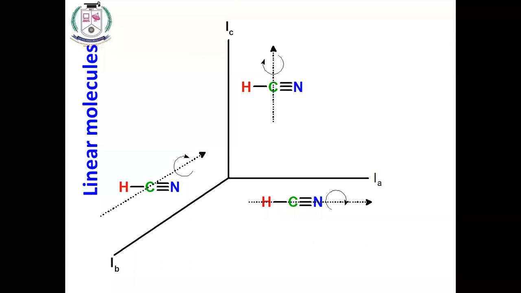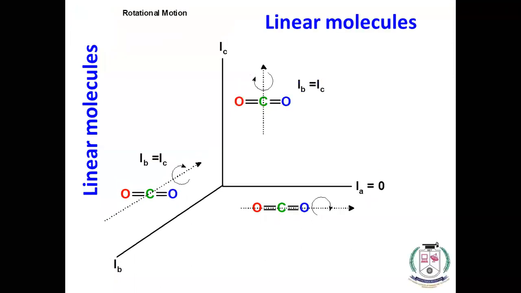This is a linear molecule. Hydrogen cyanide is a linear molecule, and carbon dioxide is a linear molecule.